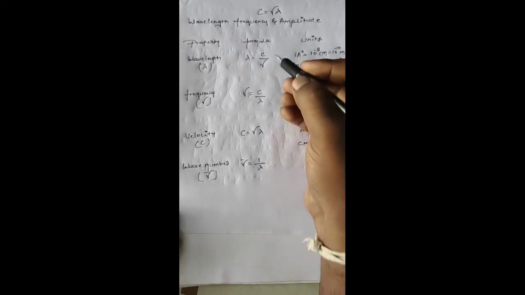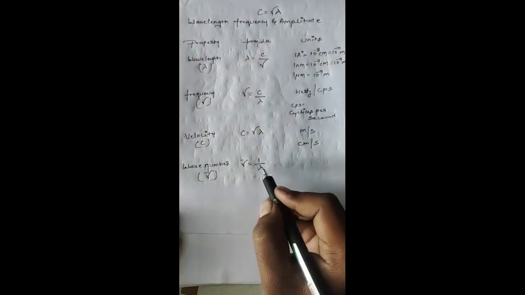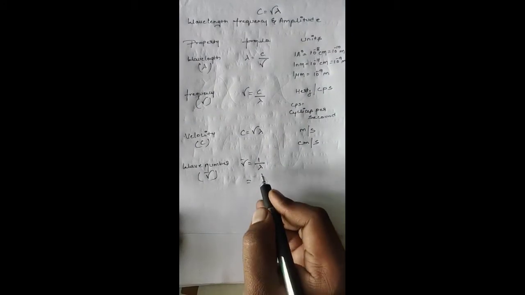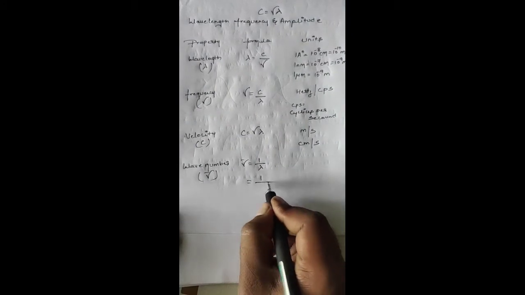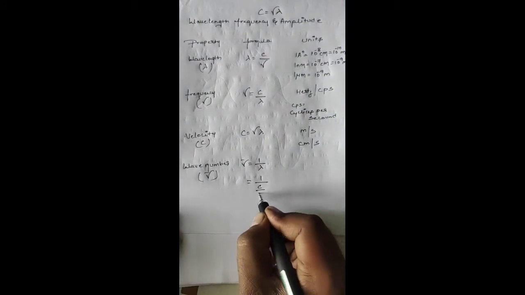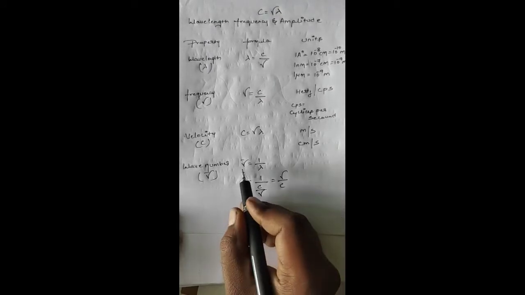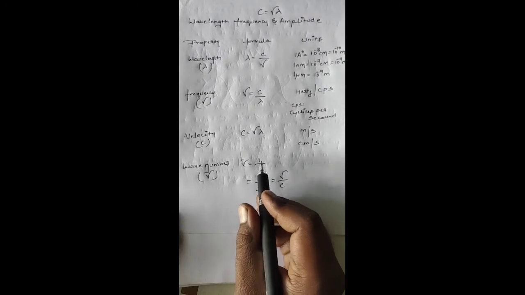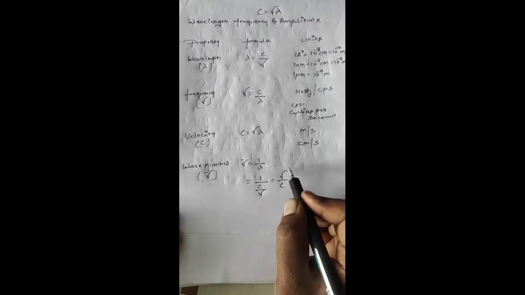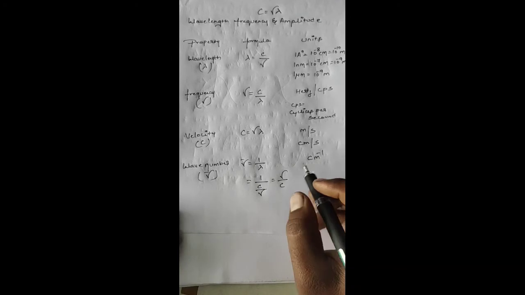We know lambda is nothing but c by frequency, so if you take 1 by lambda, or 1 by c by nu, we can write this as nu by c, correct? So we can write nu bar is equal to 1 by lambda or nu by c. It is measured in units of per centimeter or per meter.